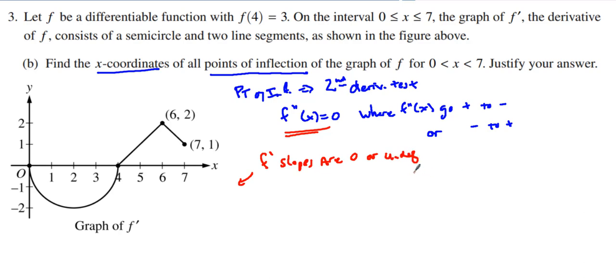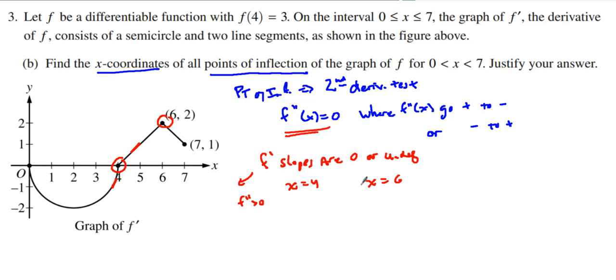And there are 2 points where the slopes are not defined: right here at x equal to 4, that's a candidate, or right here at x equal to 6, that's a candidate. Well, we have to think about it. Are the slopes changing? Before 4, the slopes are all positive. Sorry, f prime prime is greater than 0. The slopes of these lines, you can see, are positive.